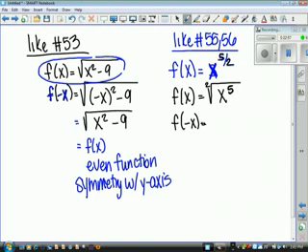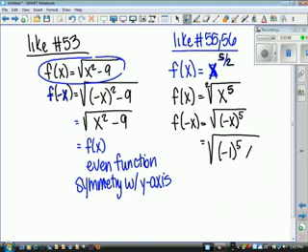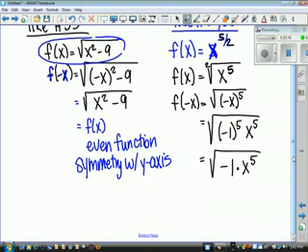Well, if you plug negative x into there, you get negative x to the 5th power. Remember, that just means you're going to do negative 1 to the 5th power and x to the 5th power. And so you get the square root of negative 1 times x to the 5th. Well, you can't take the square root of negative 1 and get a real number; you get i.